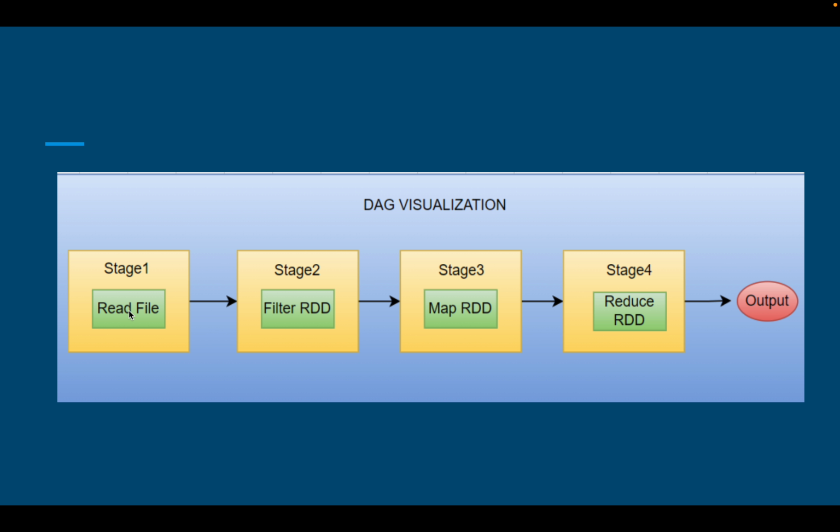If we have multiple files, we can read those files in parallel, filter operations can also be done in parallel, and map RDD also. So within a stage all these tasks can be executed in parallel. That is the job of a DAG. The DAG divides into different stages, and within each stage we have multiple tasks.